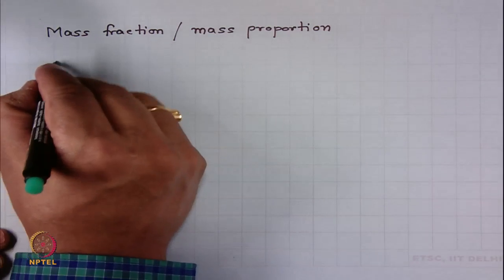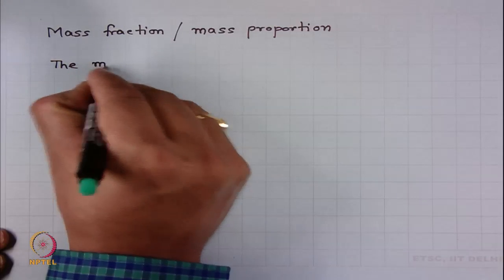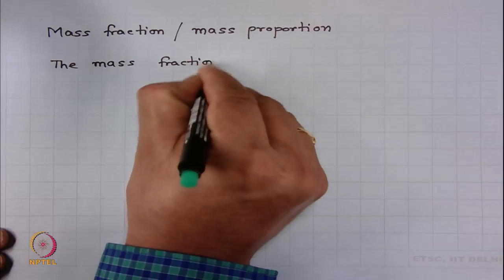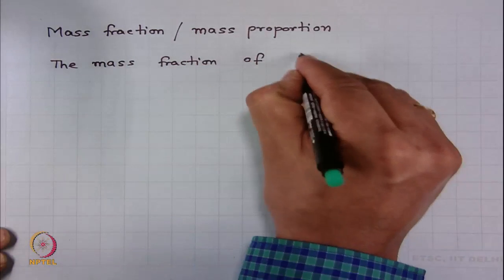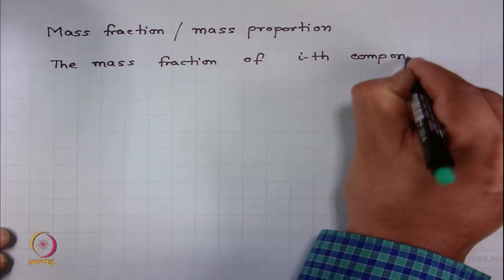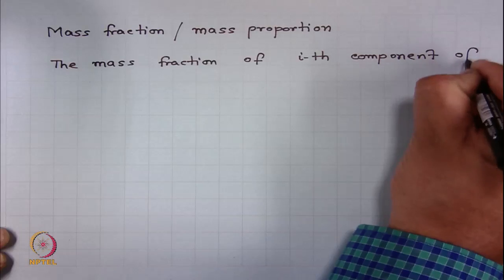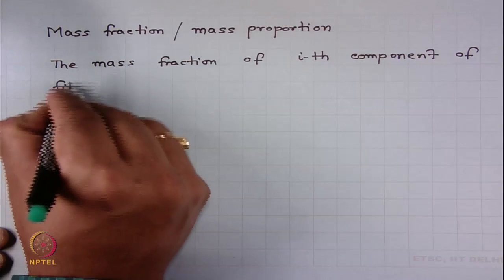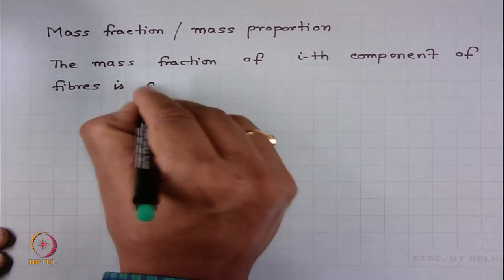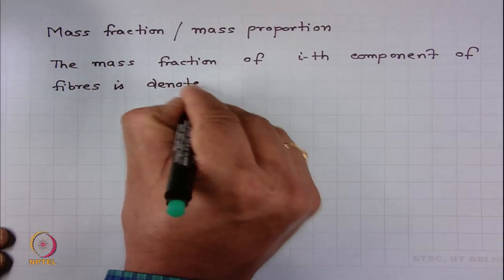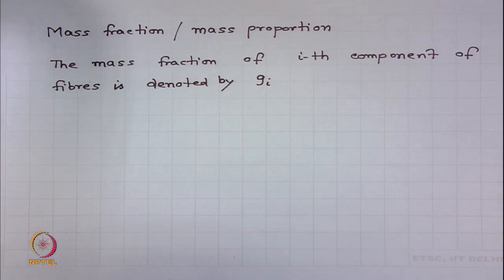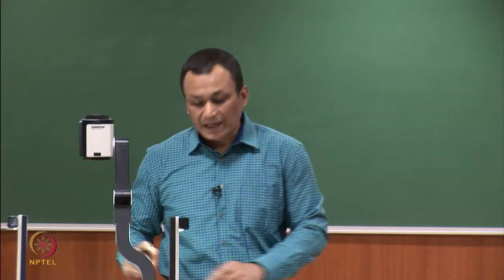The mass fraction of ith component of fibers is denoted by G subscript I. How do we define G subscript I?